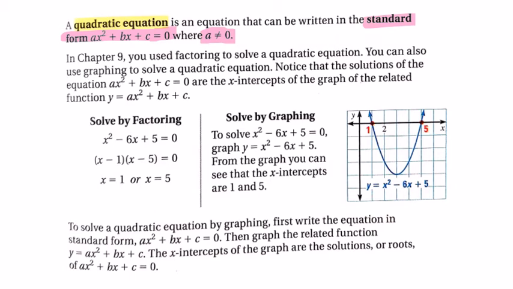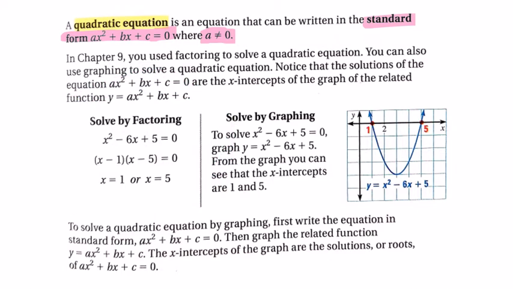And we've used factoring in the past in order to solve these equations when they're set equal to 0 by factoring and then using the zero product property. So when we've factored in the past, we set it equal to 0, factored, and solved for x that way.